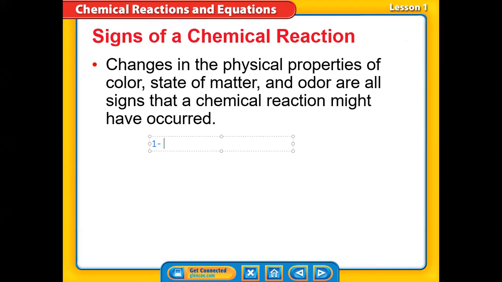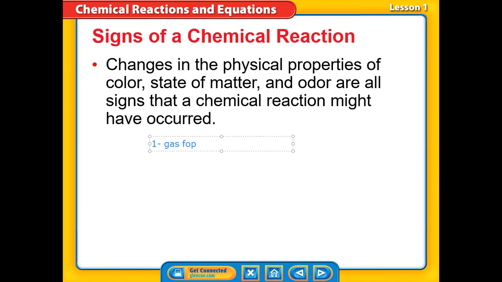Changing composition. No, I mean what I could see with my eyes. So, a change in state, gas formation for example.